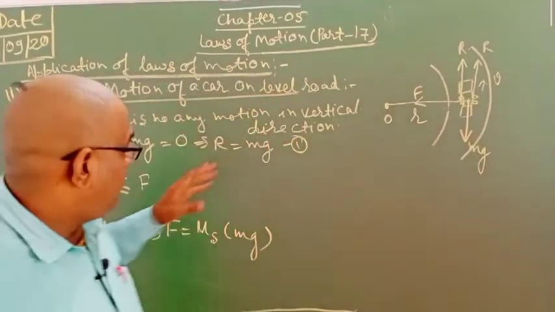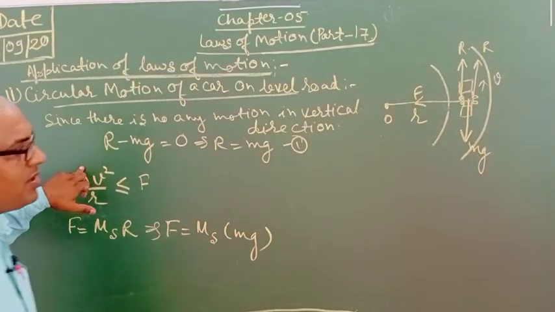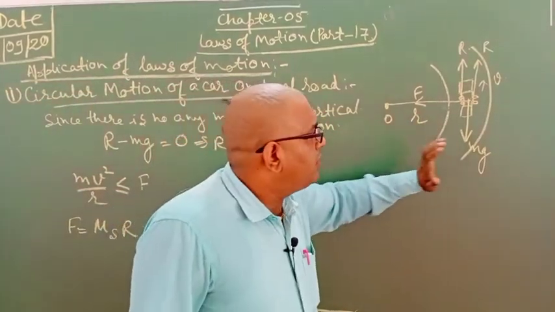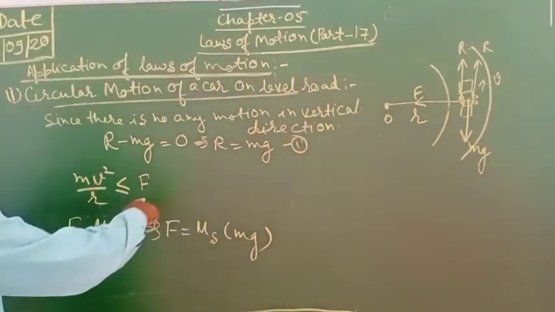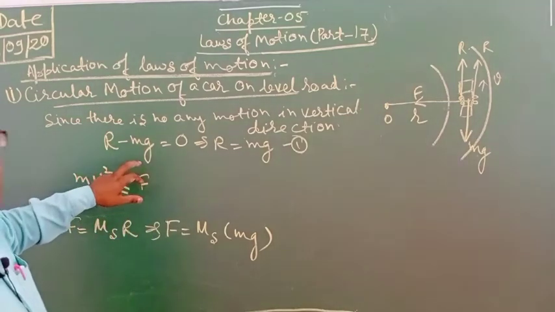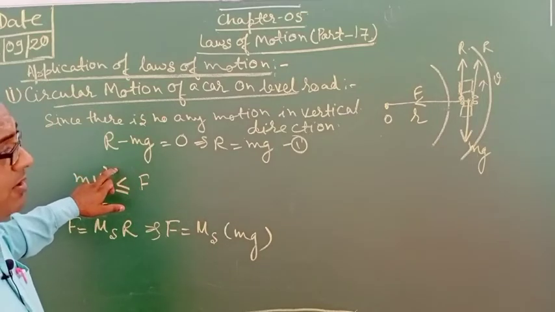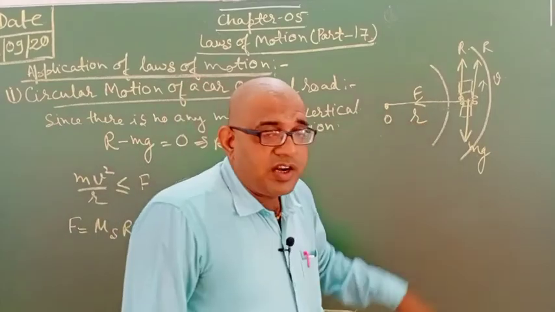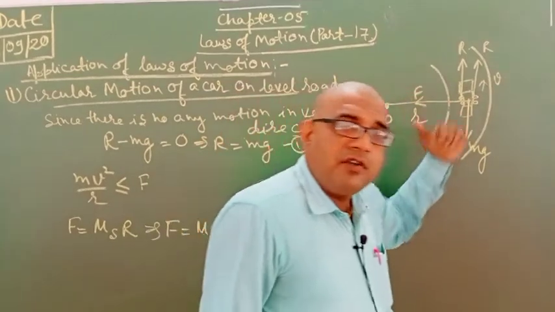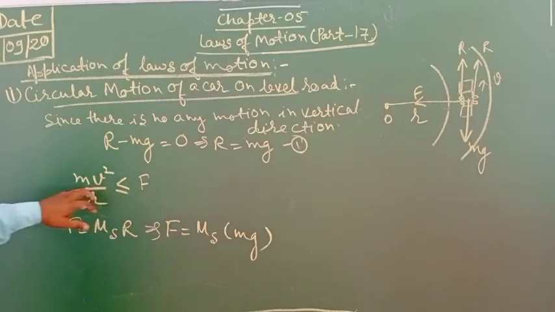Then this frictional force is less than mv square upon r, the centripetal force responsible for moving the car on the circular track, which is provided by the frictional force. But if the frictional force is less than mv square upon r, then it cannot make the car turn along the curved road, and the car will move away from the road. So in this case, the frictional force must be greater than mv square upon r.